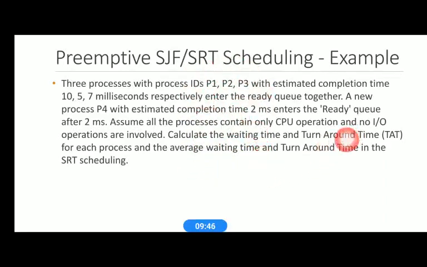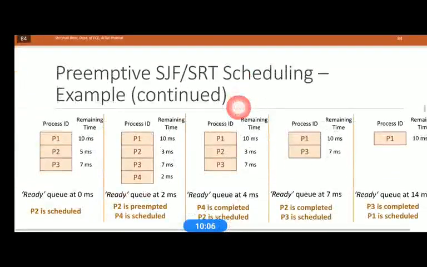Then we calculate the turnaround time, which is the time spent waiting in the queue plus its execution time, and the average turnaround time for all the processes. Let's see this example.